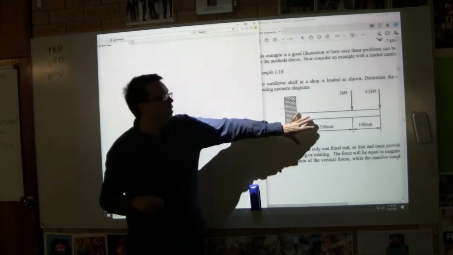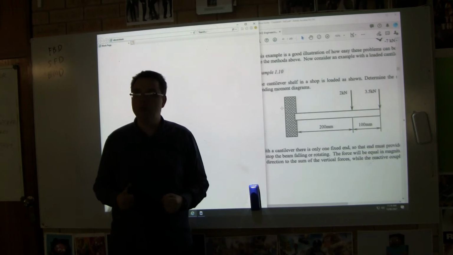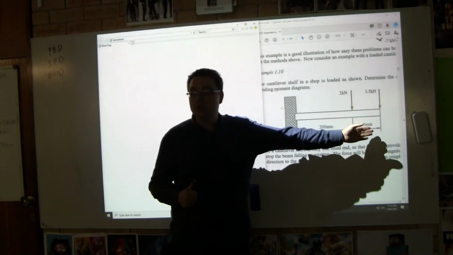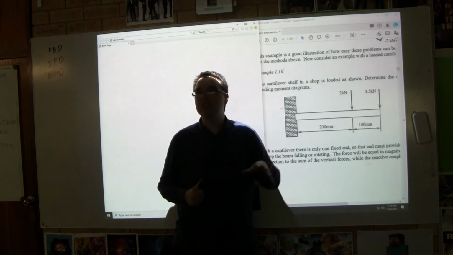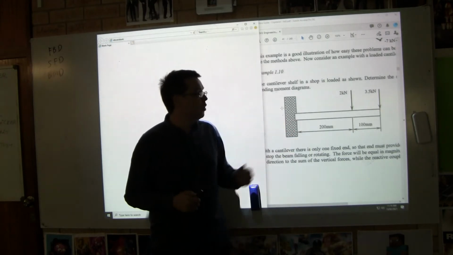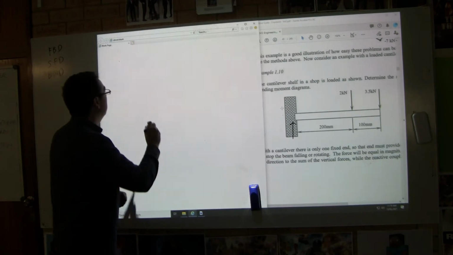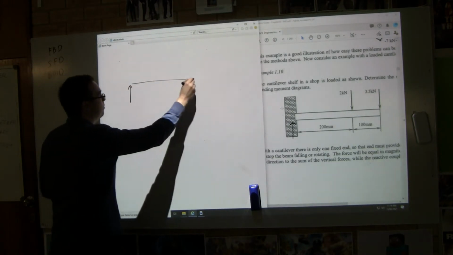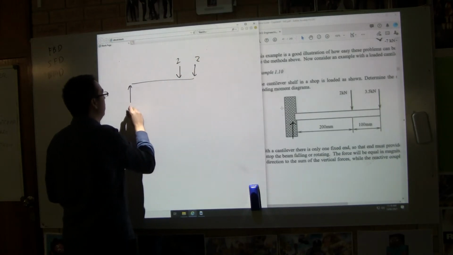In this case, we have a balcony that sticks out past the wall of the apartment. There's no walls that hold up this balcony. The balcony is just sticking out there as a cantilevered beam. Now not only is there going to be a vertical force, but let's imagine we had something like 2 and 2 and 4, so it balances.